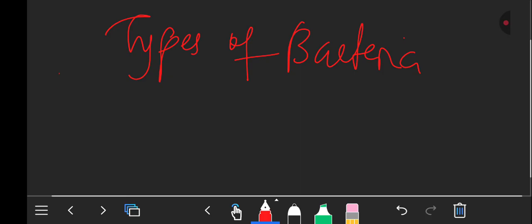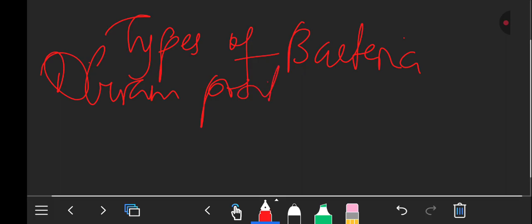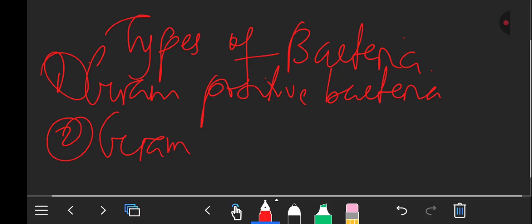Okay? So in such rationale, we have what are known as the gram-positive bacteria, and the other type, which is called the gram-negative bacteria.